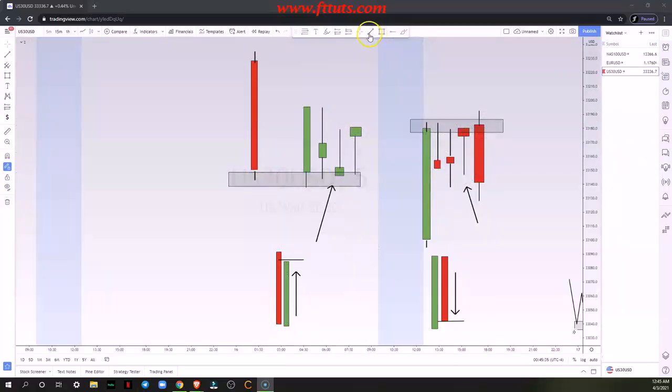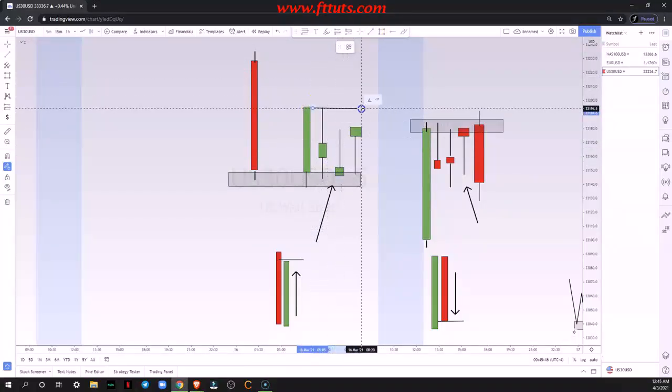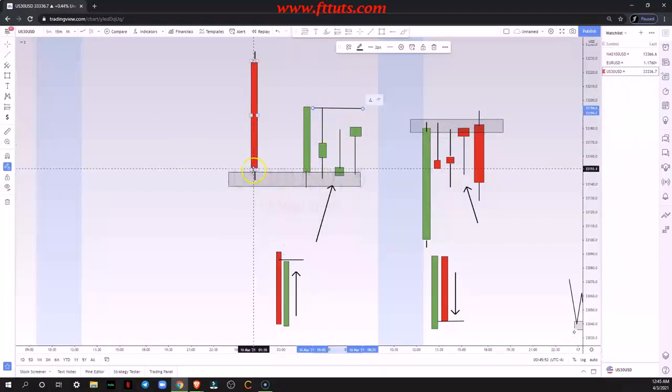So, for example, if this doji right here was the next candle after this candle prints, we're going to get in for a buy once it breaks above this candle. And our stop loss is going to be 1 pip below this candle, or 1 tick below, depending on if you're trading futures. But yeah, that's basically it.